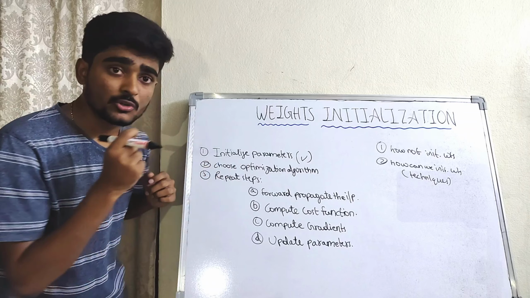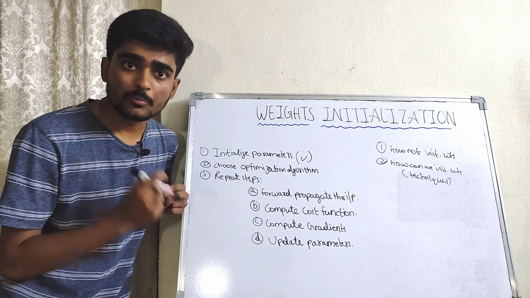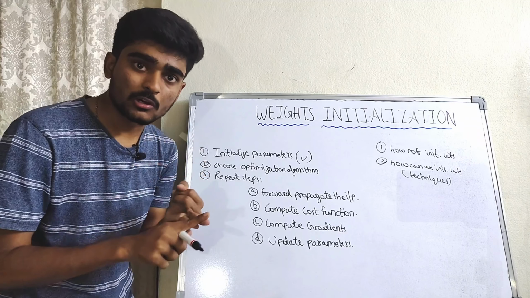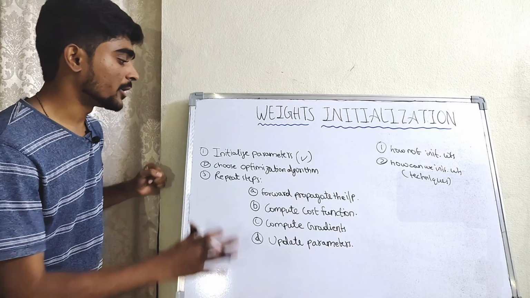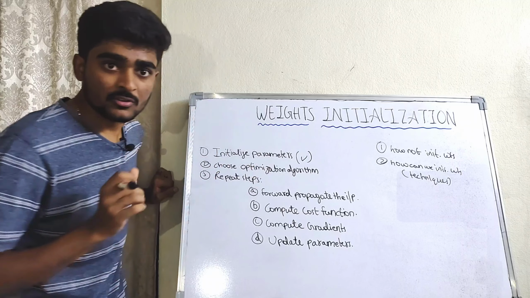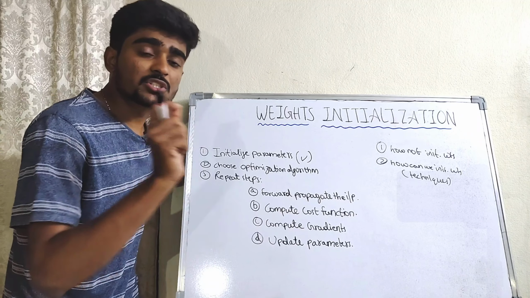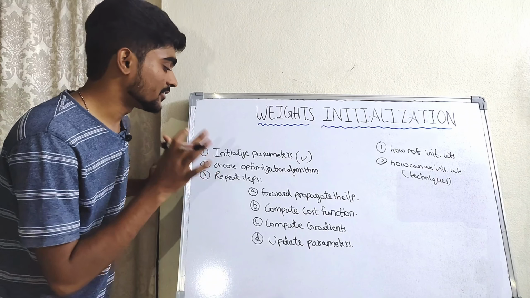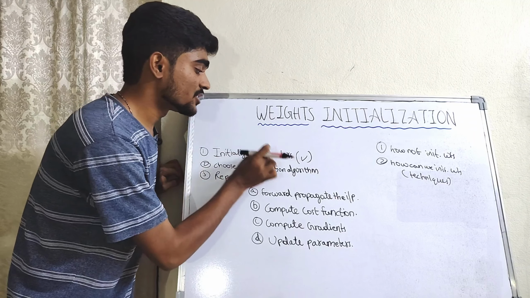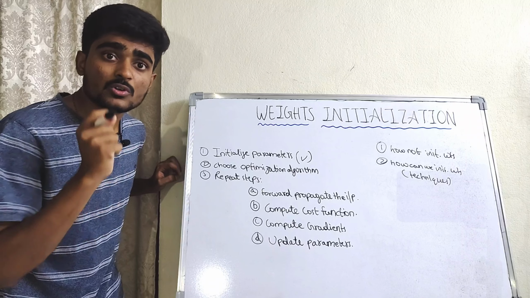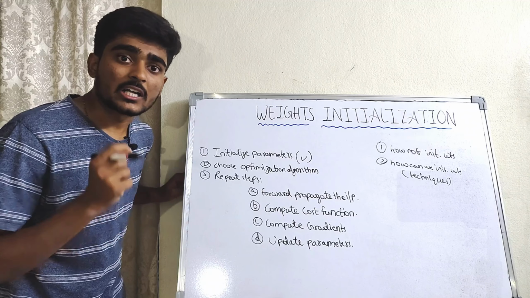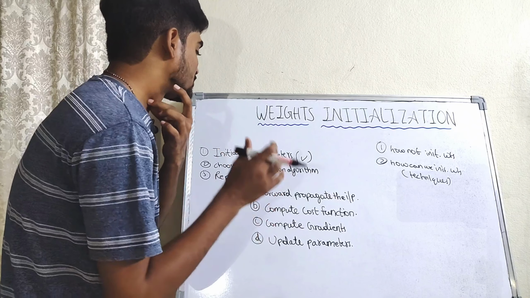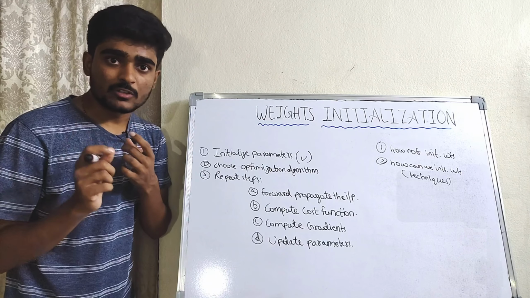Each numerical value, whether it may be gradients or the output of a node, is determined by these parameters. So proper initialization of the parameters is very important. That is why it is said that initialization of the parameters is the most important step in an artificial neural network.